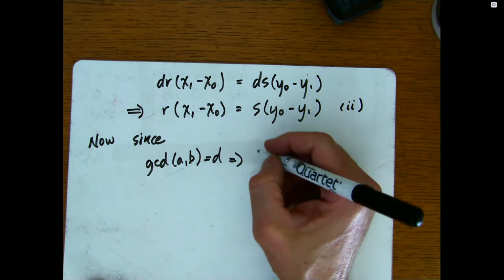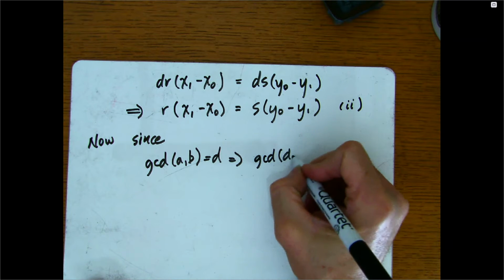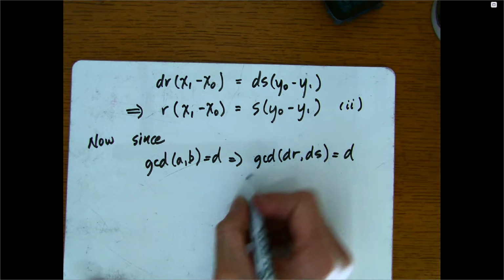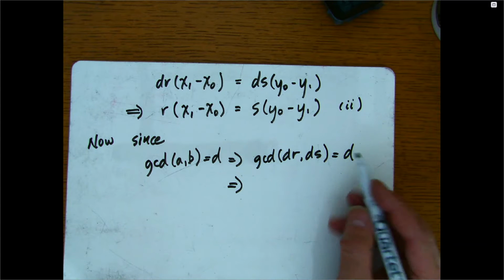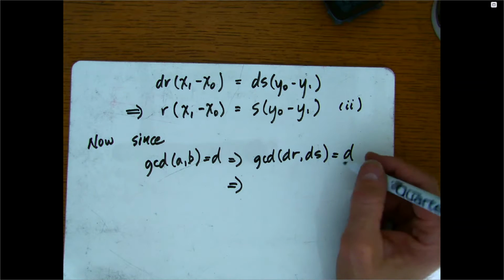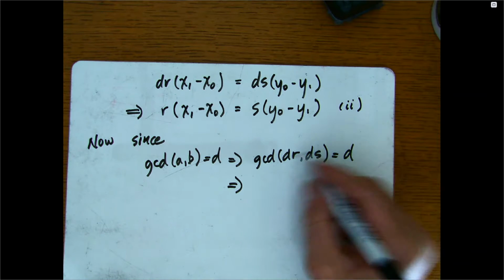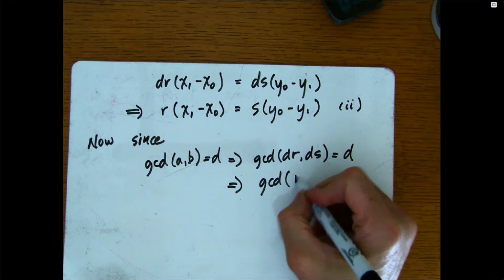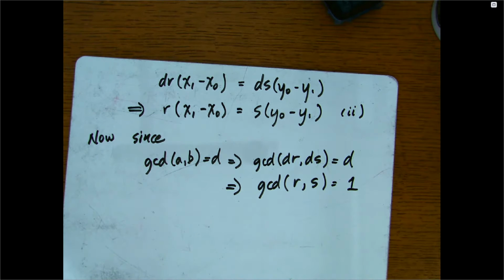So the GCD of D times R and D times S must be equal to D. There's a common D to all of these, so we have a theorem that says anytime there's a factor common to all, we can factor it out, or cancel it in this case. So the GCD can be rewritten as the GCD of R and S, and that must be equal to 1, if we take the greatest common divisor out of all of these. There's a theorem that allows us to do that.